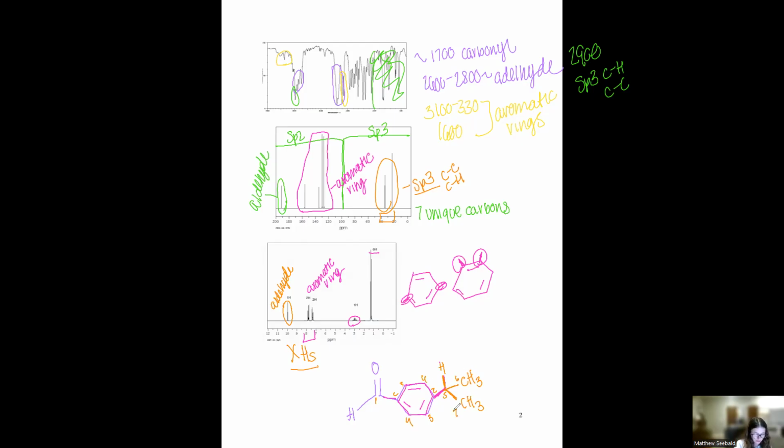So I have 7 unique carbons, as well as an aldehyde group that has 0 hydrogen neighbors, a di-substituted benzene, and 2 methyl groups, so 6 more hydrogens, as well as a carbon with just 1 hydrogen.